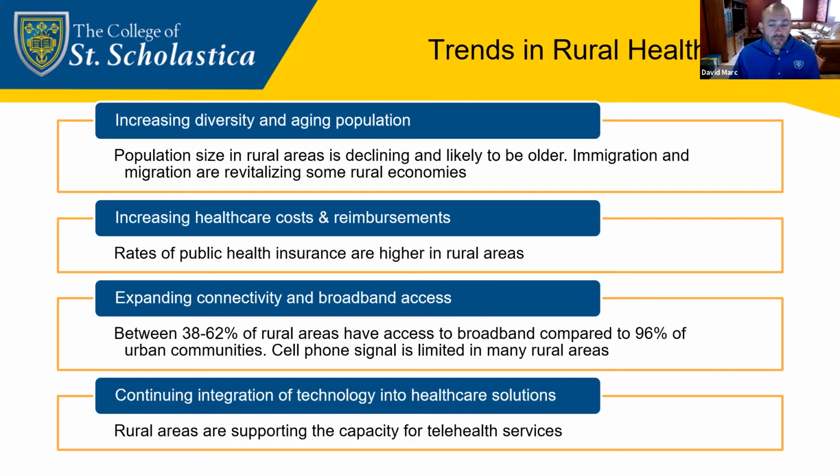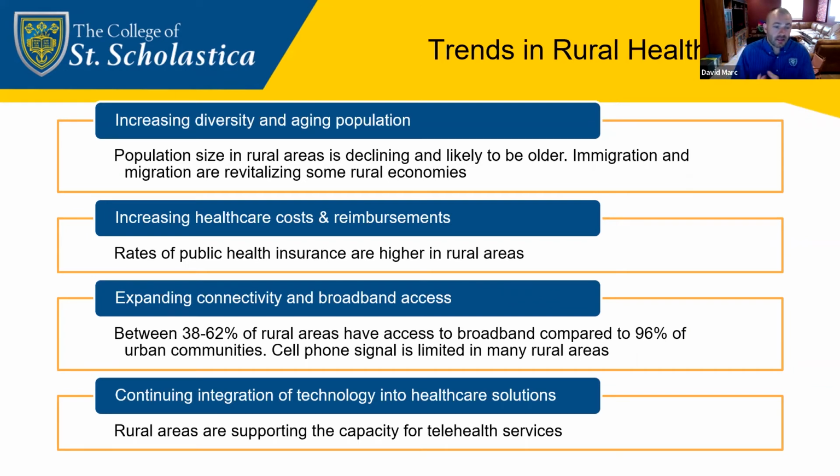When we're thinking about rural trends as well, we're seeing that there's continued integration of technology into healthcare. This is oftentimes taking the form of telehealth services, providing access to a wide range of types of care to rural communities. Telehealth is one way that can provide better access to different types of care.